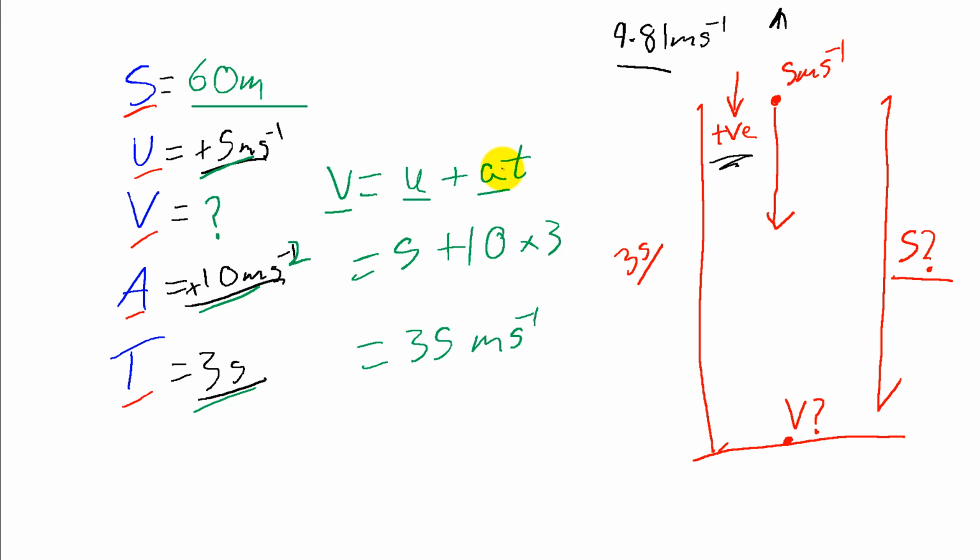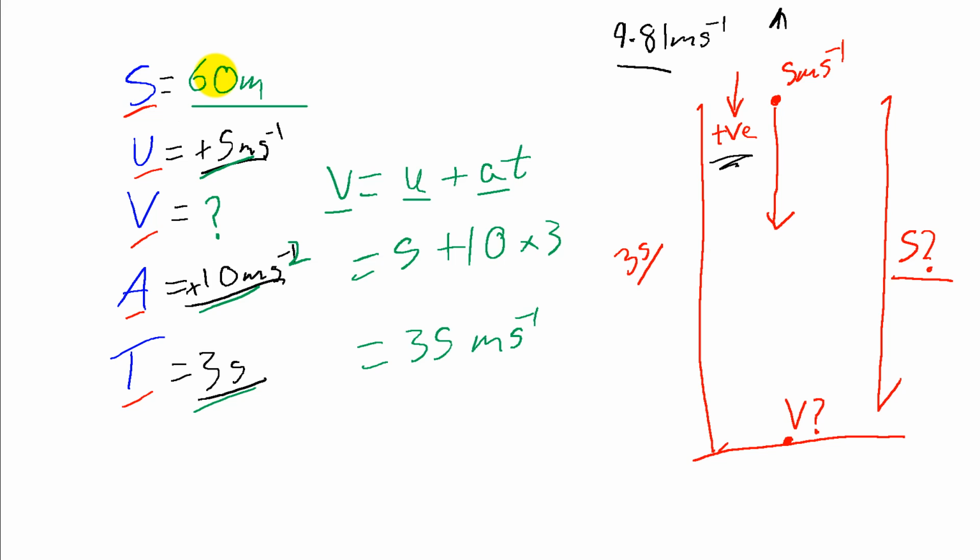So these are the SUVAT variables, our displacement, initial and final velocities, acceleration and time, and this is the general method which we would use when tackling any SUVAT problem. First, establish a direction to be positive or negative, list our 5 SUVAT variables and note next to them if we want to know it or not, and if we already know it.